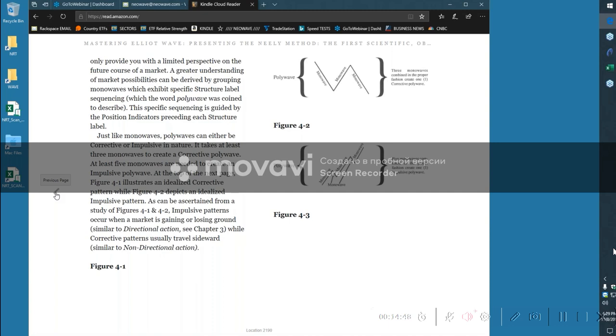That's going to tell you that one pattern finished and a new pattern started.